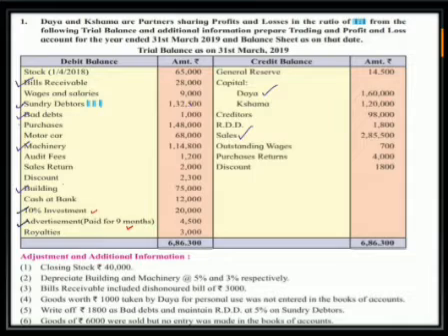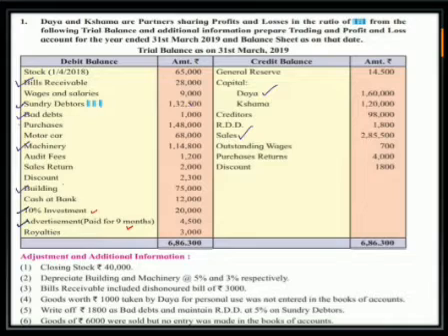Then we have to tick mark the building and the machinery. See here, I have already tick marked building and machinery with the blue pen. It means while solving the debit side, we have to put the machinery amount in the inner column, and whenever we solve the adjustments, at that time we will deduct this depreciation from that particular asset.